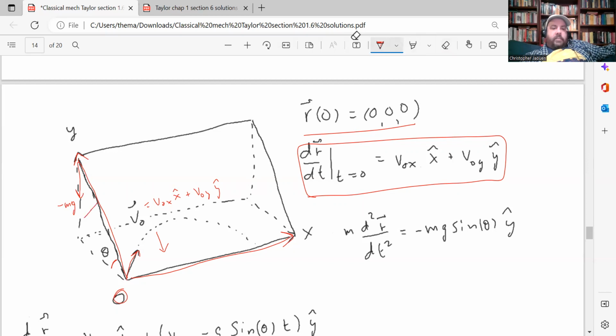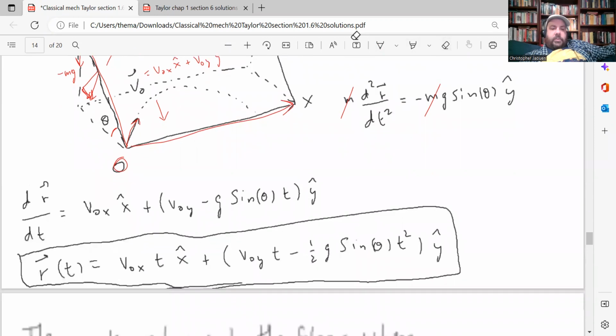But we have a component in the z direction, and we have a normal force that's counterbalancing that, and we have a component of gravity in the y direction, and that's it, because it's not being accelerated in the x direction, right? So that gives us this equation here by Newton's second law. We can, again, divide out by m just to get a simpler differential equation.